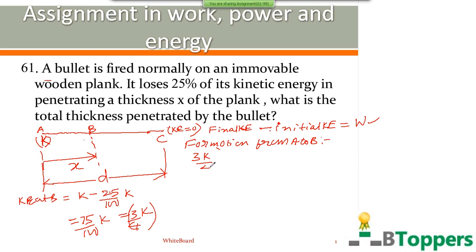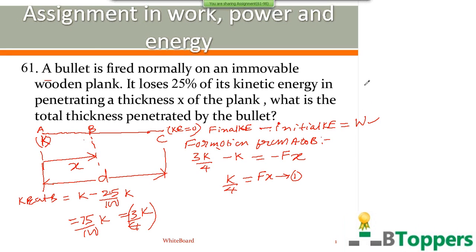Final kinetic energy at B, 3K/4, minus initial kinetic energy at A, K, equals work done by the retarding force. If F is the magnitude of the retarding force on the bullet, work done by the retarding force will be negative, because the retarding force acts opposite to the displacement of the bullet. We can write minus F into x. So you simplify this, you get K/4 equal to F into x.